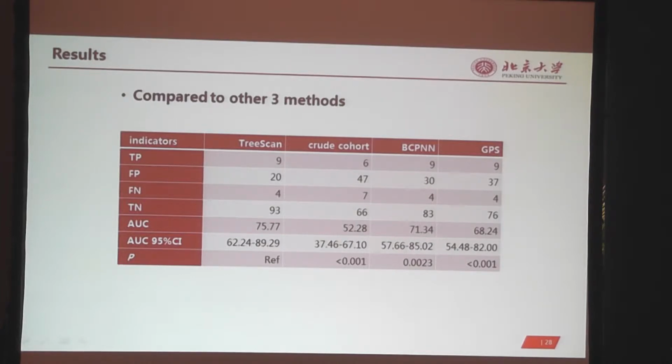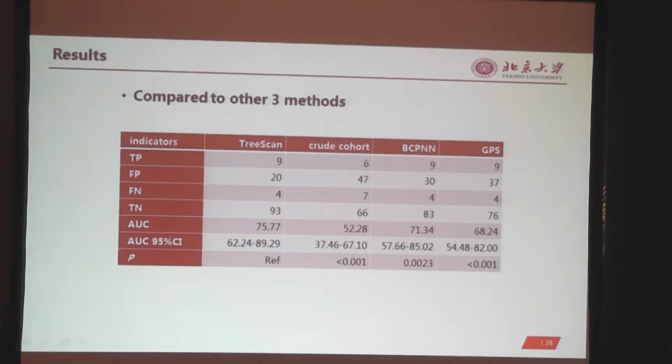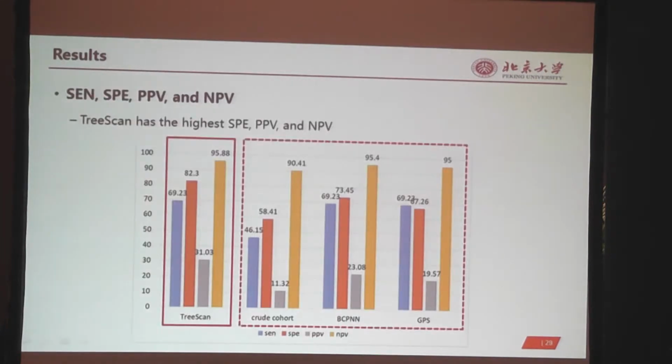So in these tables, we show the performance of the 4 signal mining methods. We can see the AUC of tree scan was around 75%, which was significantly larger than the other 3 methods. Here we show the sensitivity, the specificity, PPV and NPV of these 4 methods.